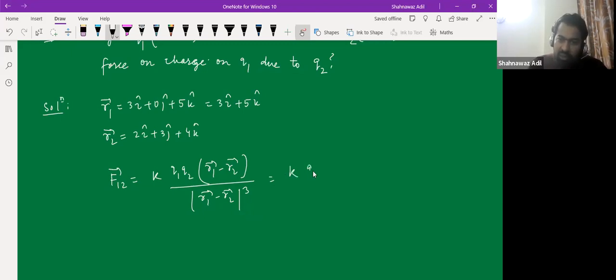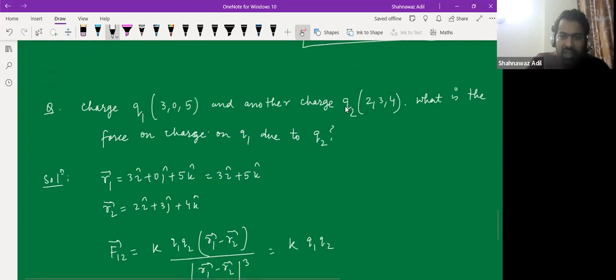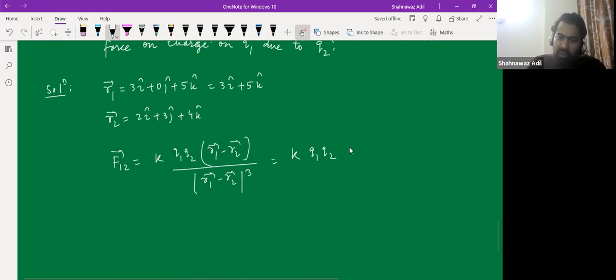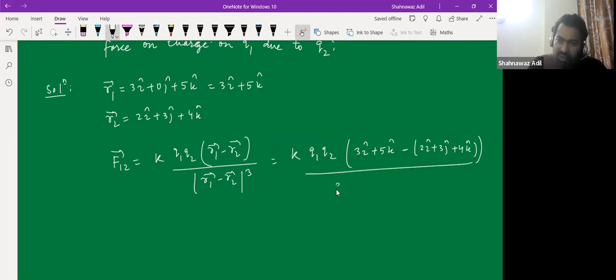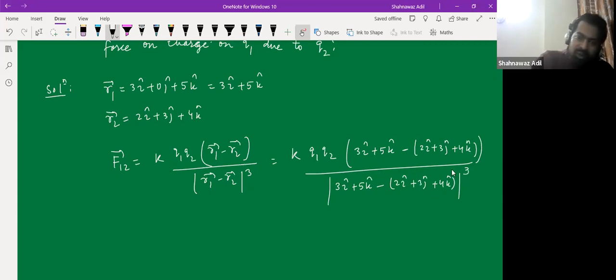This is a vector, and this would be K Q1 Q2, and they can also give you the values of the charges. So this would be R1 is 3i plus 5k minus 2i plus 3j plus 4k, divided by the magnitude of 3i plus 5k minus 2i plus 3j plus 4k, cubed.